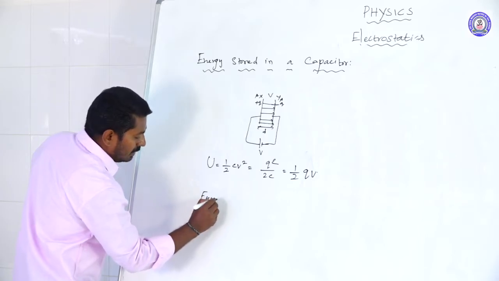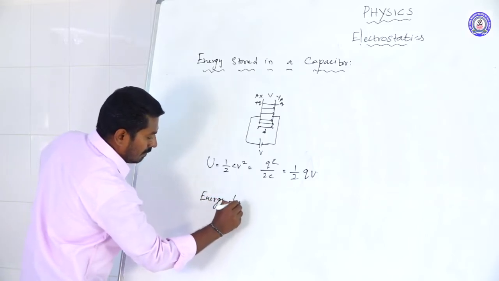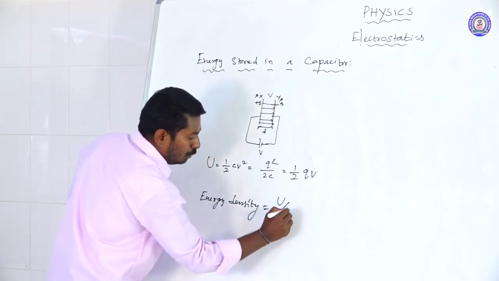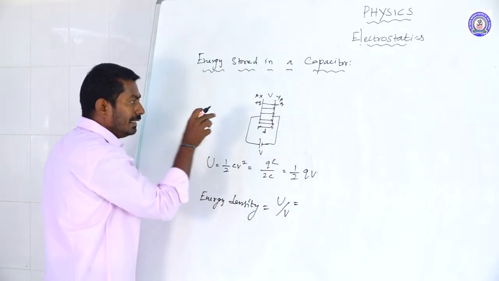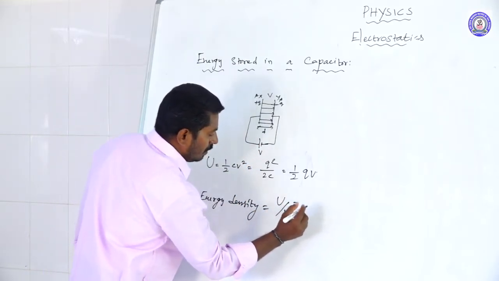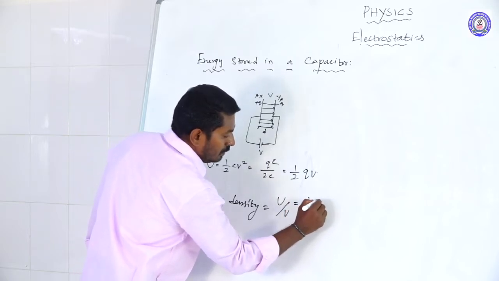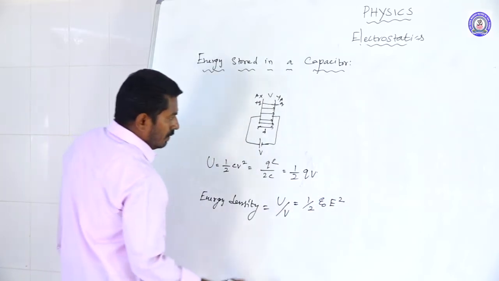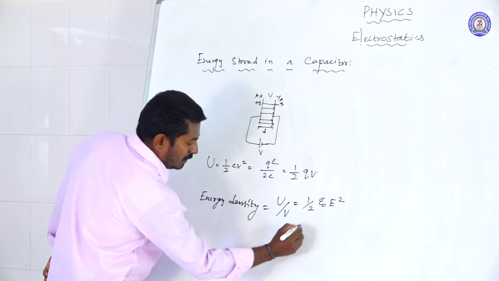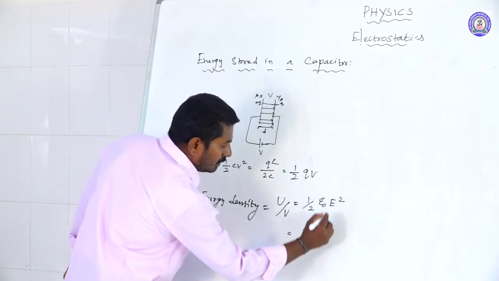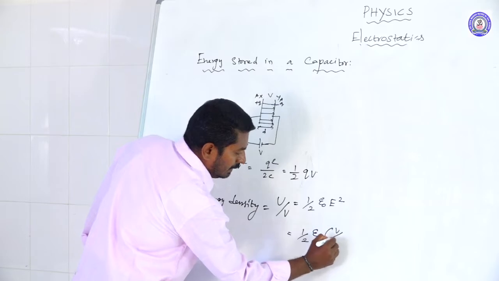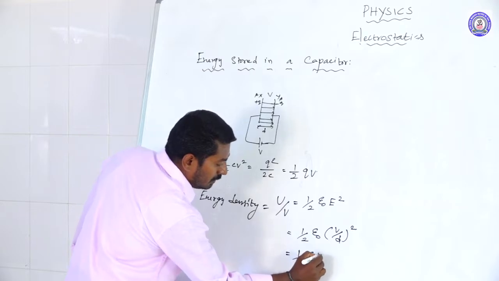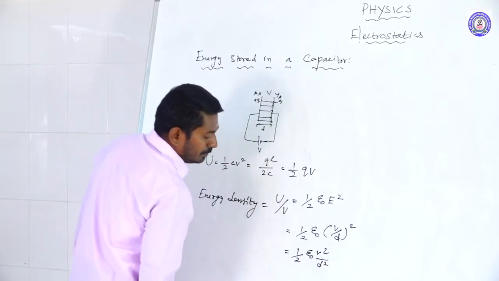So energy density is equal to energy stored per unit volume of the space between the two plates in the electric field, which is equal to half epsilon naught E square, which is equal to half epsilon naught (V divided by d) whole square, which is equal to half epsilon naught V square divided by d square.